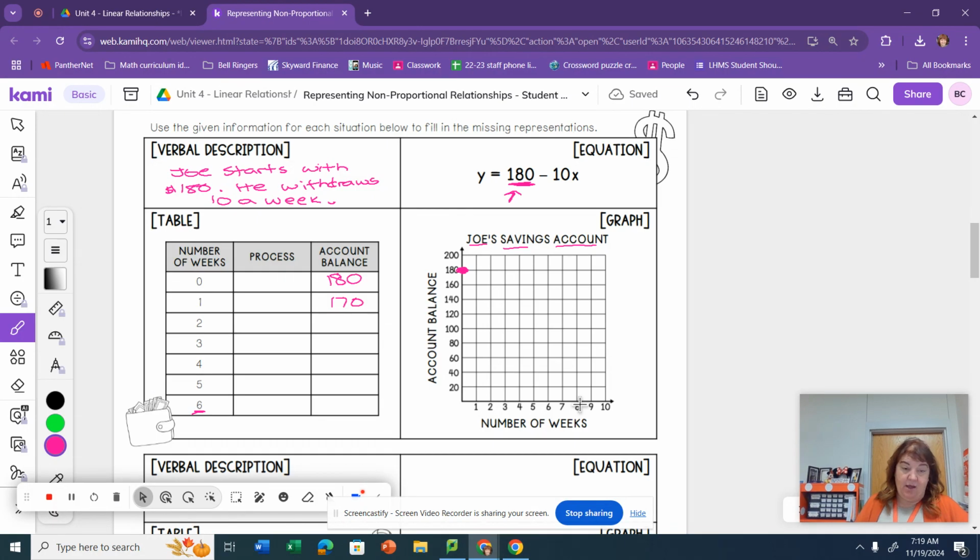We're going down by, and again, you could write it here if you wanted to. 180 minus 10 times 0. 180 minus 10 times 1. 180 minus 10 times 2. And so on and so on. So I'm going to let you finish that up, and I'm going to ask you a couple of questions.